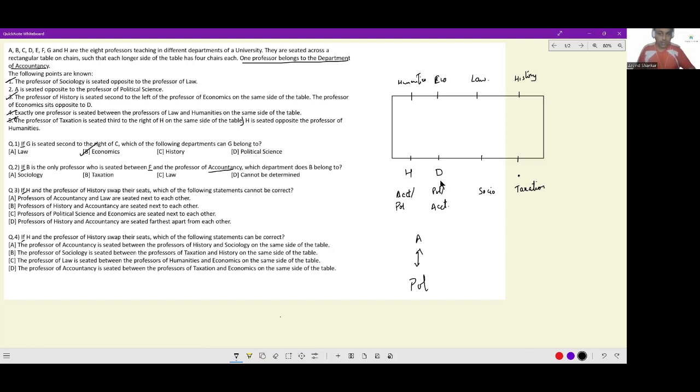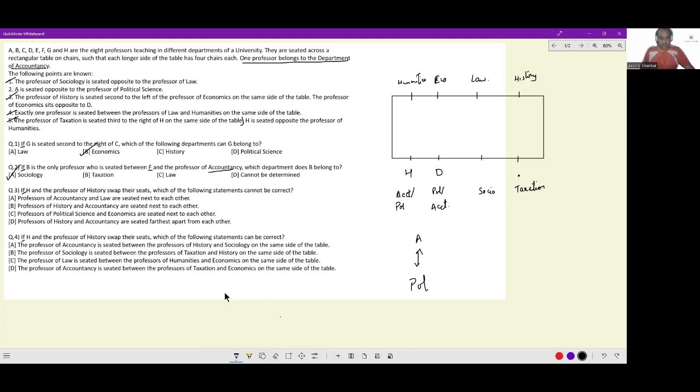The case that works is B is the professor of accountancy and B is here and F is here. F and the professor of accountancy have B in between. Then which department does B belong to? B belongs to sociology, option A. Again, we have to get rid of this B and F distribution because that was only valid for the second question.